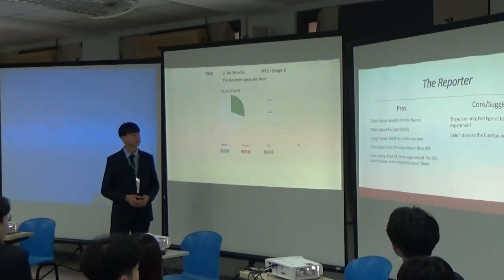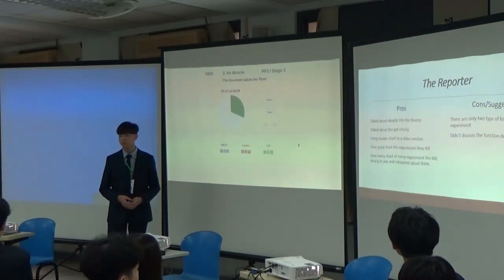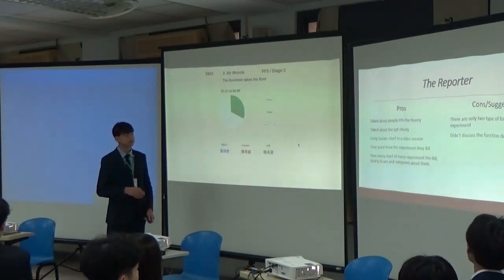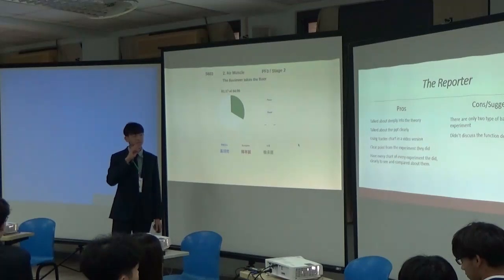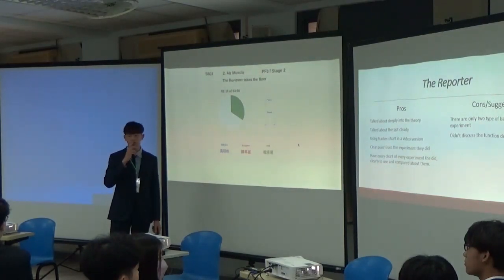About the cons: there are only 2 types of balloon in the experiment, and they didn't discuss the function deeply.